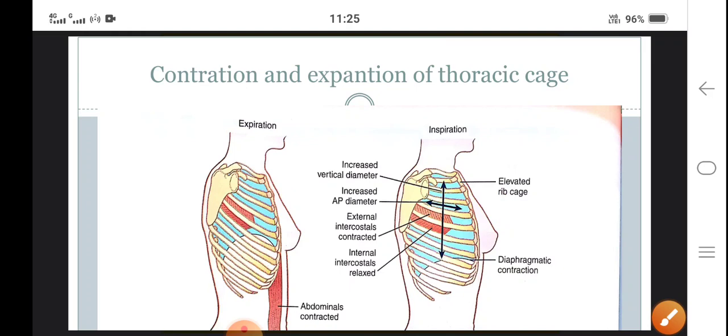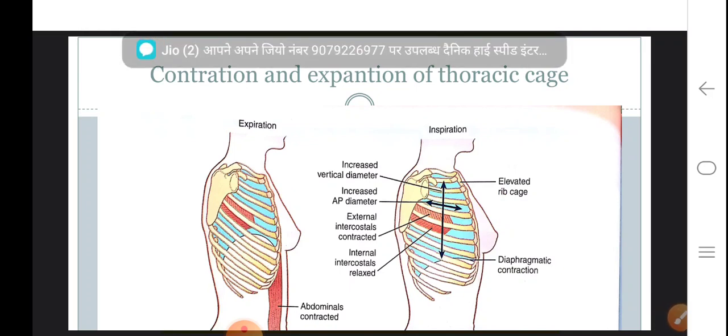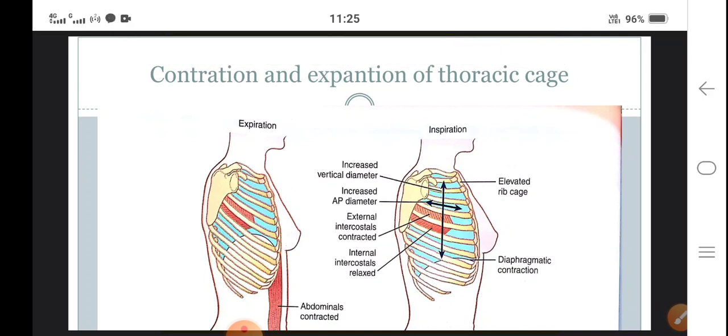Second, the increased anteroposterior diameter. For increasing the anteroposterior diameter, the thoracic cavity is elevated somewhat forward in direction.